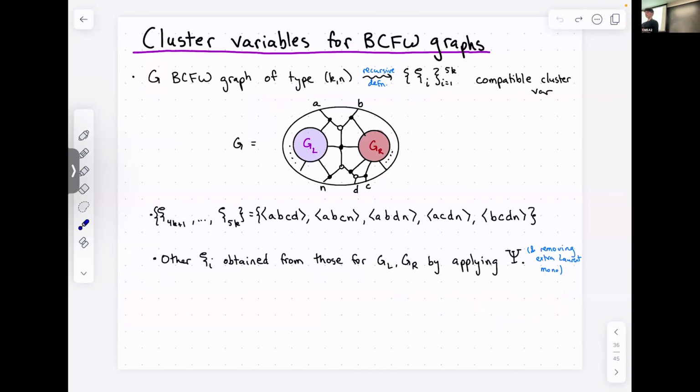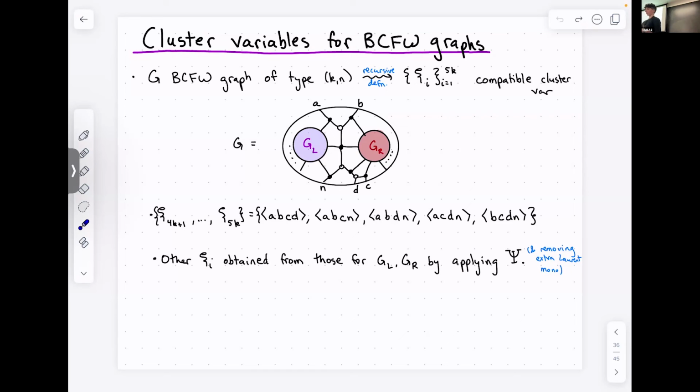And this psi map, the point is, it's exactly what we do to take the semi-algebraic description for the left and right tiles and upgrade them. So, let me phrase this a different way. If someone hands you a BCFW graph like this, then I use psi to recursively define 5k compatible cluster variables. Okay, that's not quite 5k, but some number close to 5k compatible cluster variables that will cut out my corresponding tile.